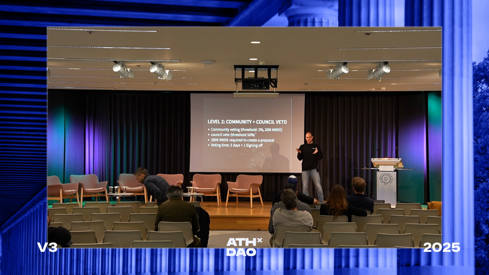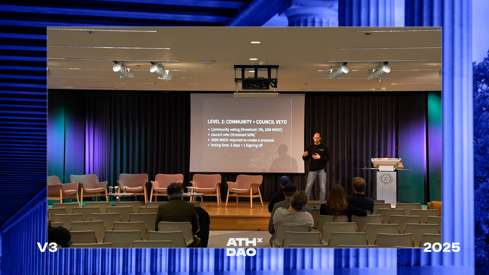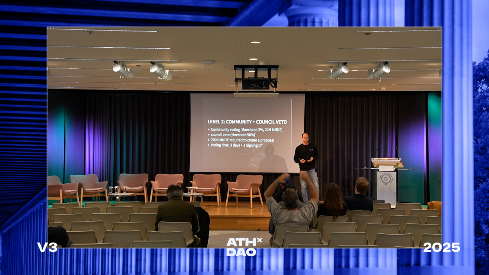And then the second level, the main one, where our programs are configured, where all our programs can be redeployed, where the treasury management is run, is level 2, where the community votes, but the council still has a veto to stop some issues, again as defense against malicious users.